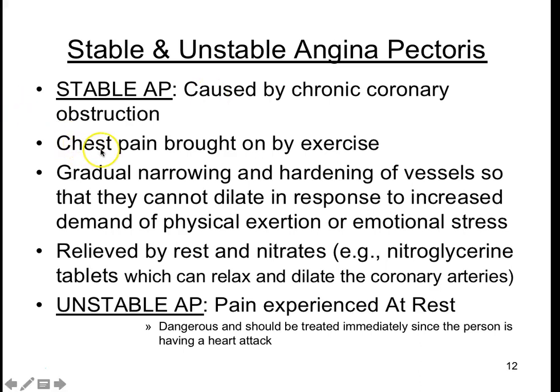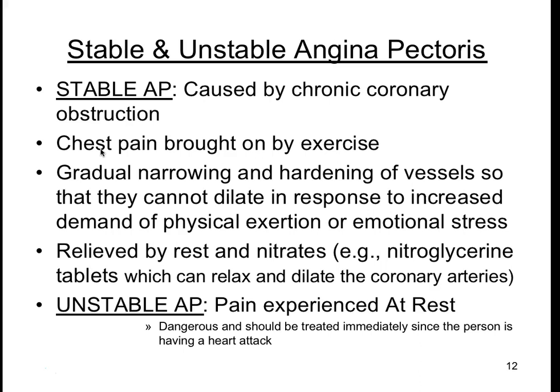So since they already have coronary artery disease, if they don't overdo, then no problem, no pain. If they physically overdo, this can exacerbate and they can have an angina attack. So you have, you know, an 80-year-old person who should be taking elevators and they decide to run up 10 flights, that type of thing. They will have an attack.